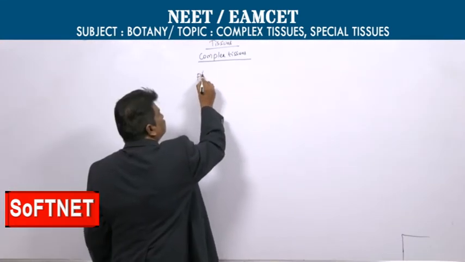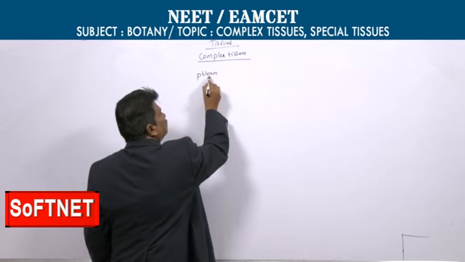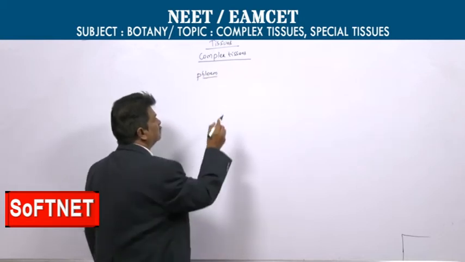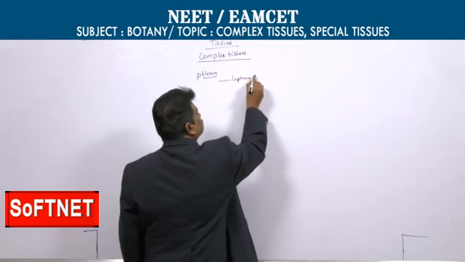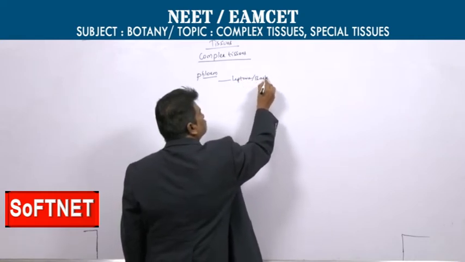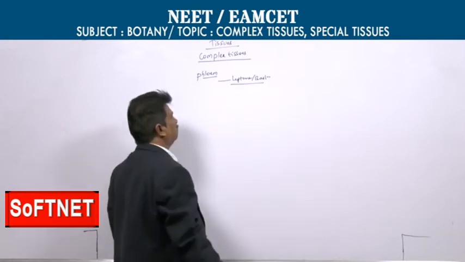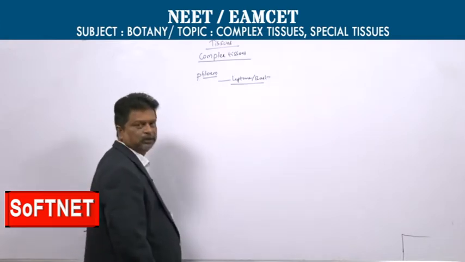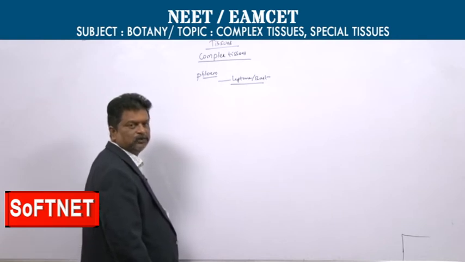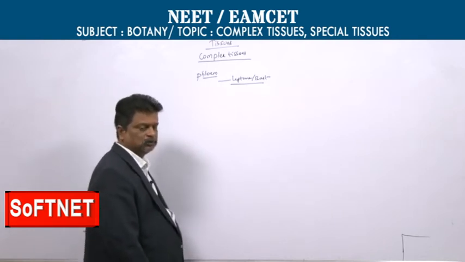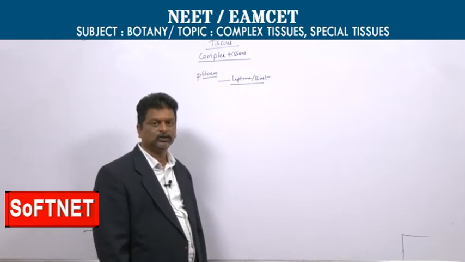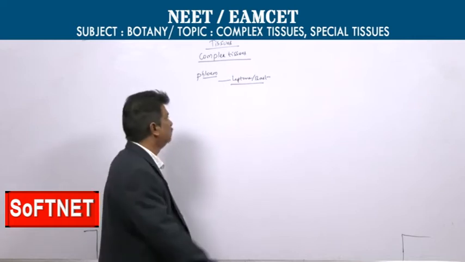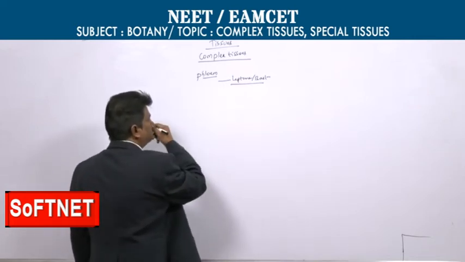The next type of complex tissue is called phloem. Phloem is also called leptome or bast. The function of phloem is translocation of food from the source, that is the photosynthetic part, to the sink, that is storage organs.